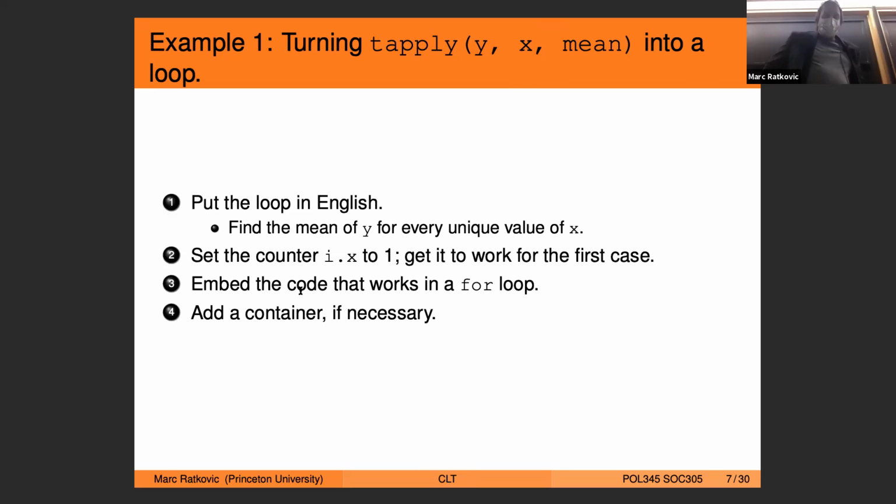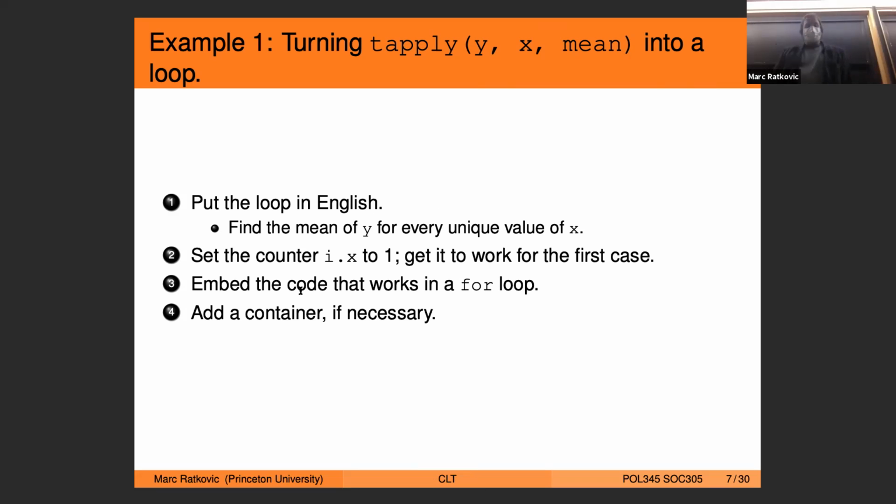In order to turn tapply(y, x, mean) into a loop, the first thing to do is put the loop in English. Find the mean of y for every unique value of x. That's what we're trying to do. Be sure, if you're struggling with a loop, that you can carefully describe the operations that you're about to do in plain, straightforward English. It will help you conceptualize the work you're doing.